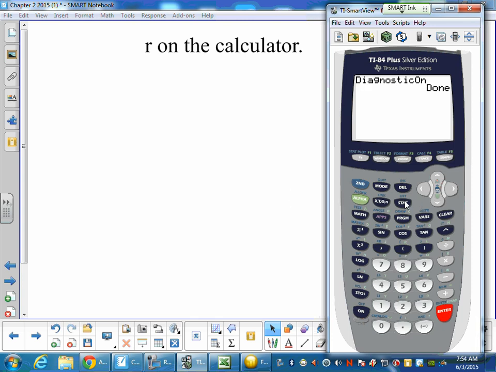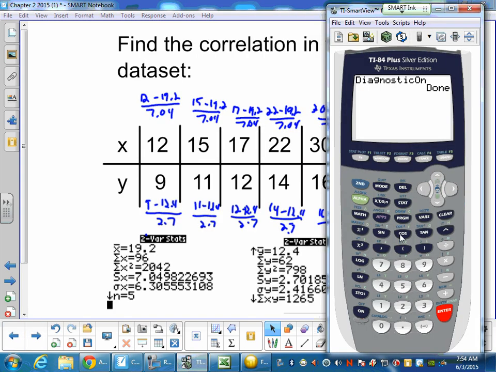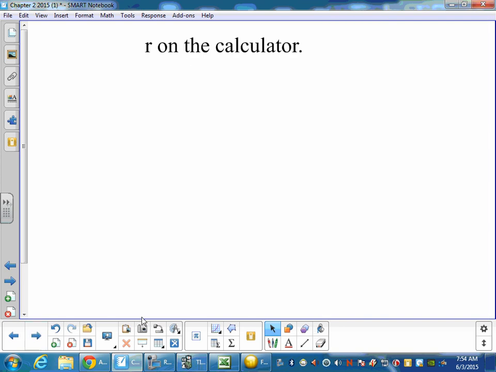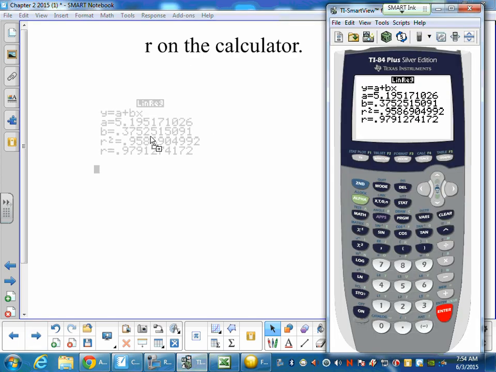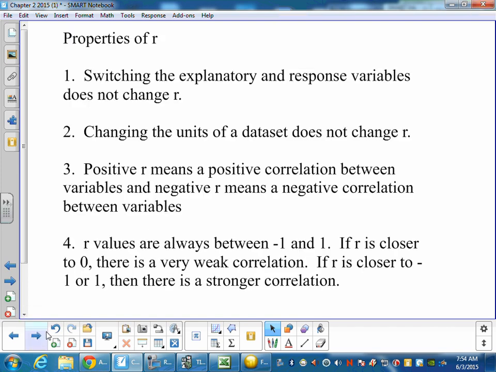So now if I want to go back and deal with this data, since I have that in my L1 and L2, I can just do a linear regression. Same thing again with my L1 and L2. And when I do my linear regression now, you'll see I get an R value and an R squared value. Now, those are values that we'll be using. So our R value is 0.97, which is a very strong correlation between those two variables.